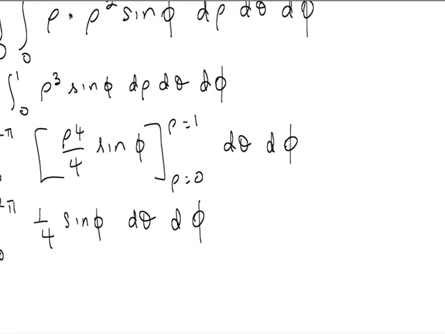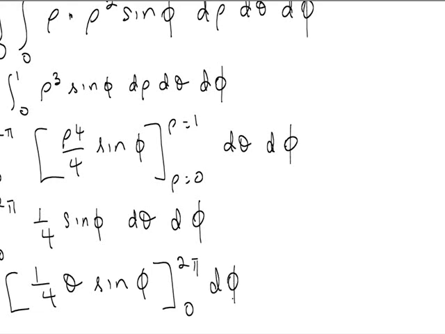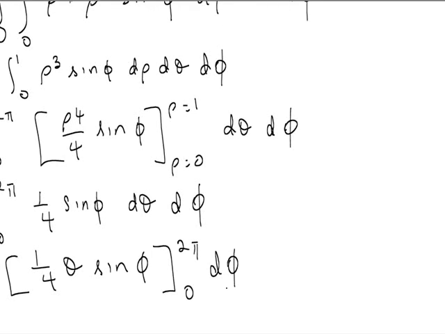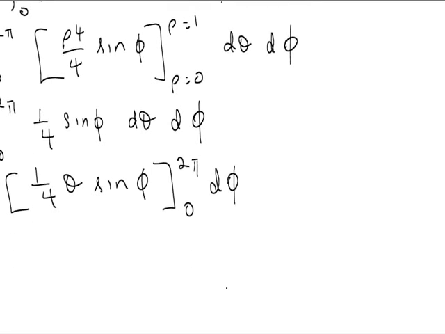Okay. Integrate with respect to theta. 0 to pi. I'm going to put 1/4 theta sine phi from 0 to 2 pi d phi. Zero to pi, substitute 2 pi in there. What do we get here?